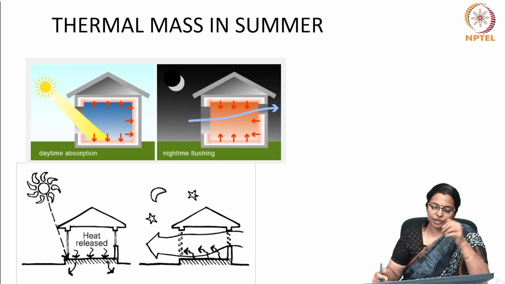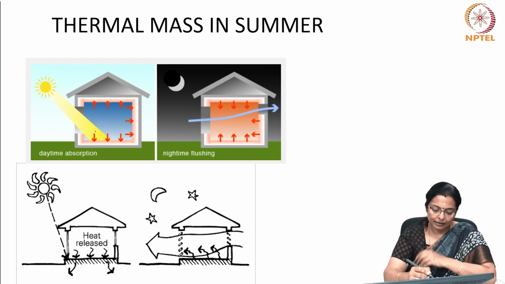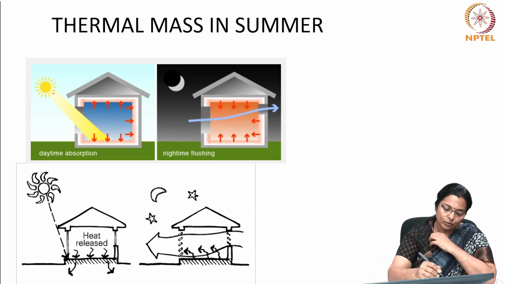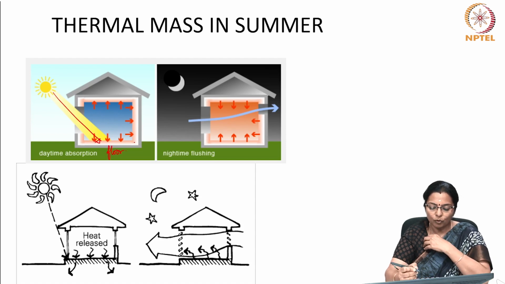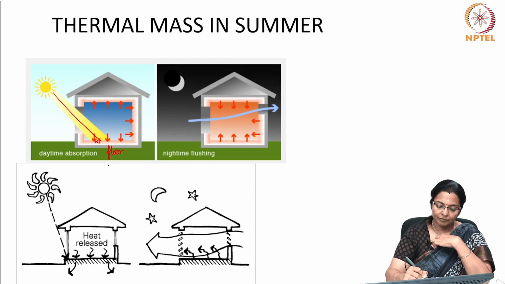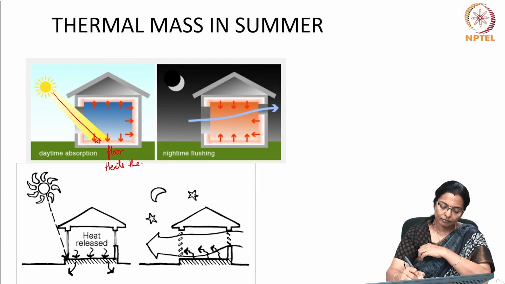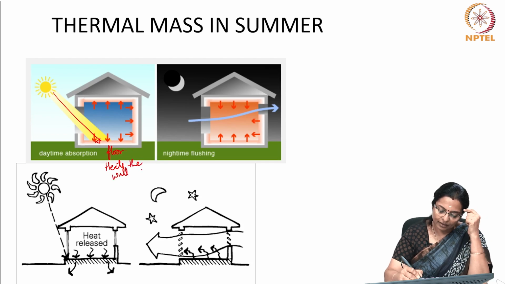So, you know very well that when you allow the solar radiation to fall on the floor and the wall, it absorbs the solar radiation and heats the wall and floor.